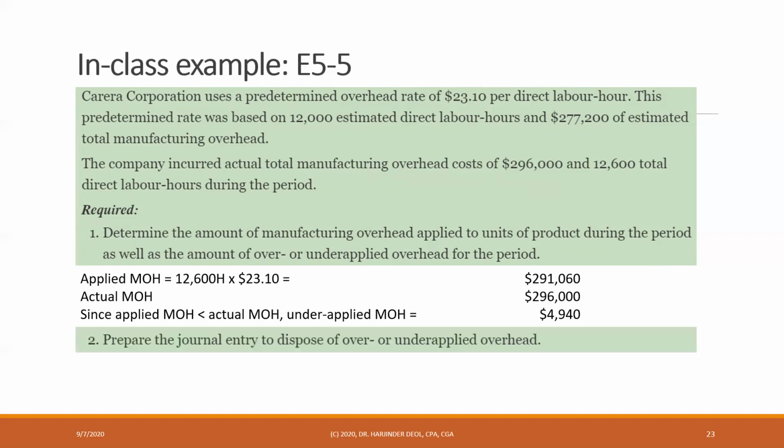The question continues and asks us to prepare the journal entry to dispose of the over or under-applied overhead. So here, because the overhead is under-applied by $4,940, what we do is we will debit cost of goods sold and credit manufacturing overhead by $4,940.